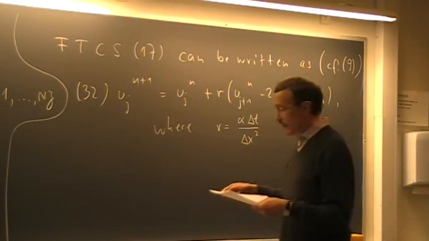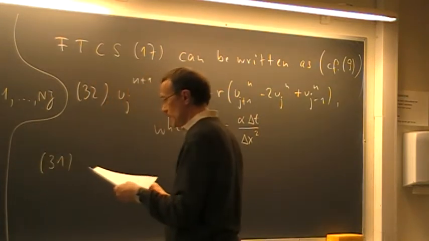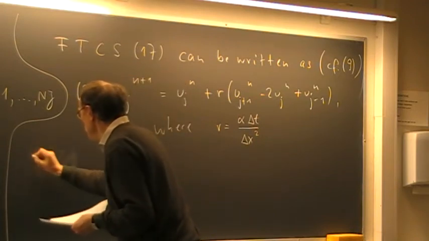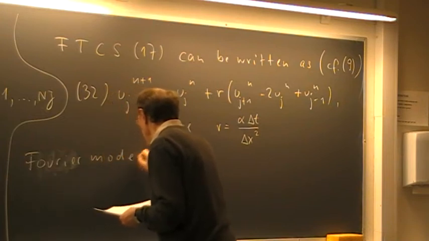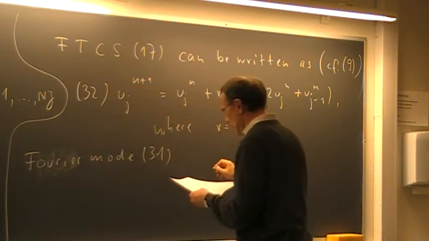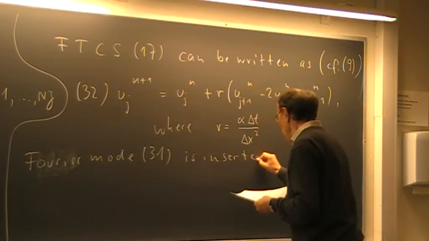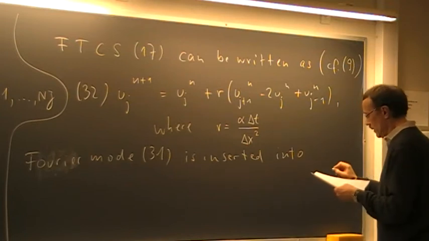And we are starting that now. So the Fourier mode 31 is inserted into our finite difference method.